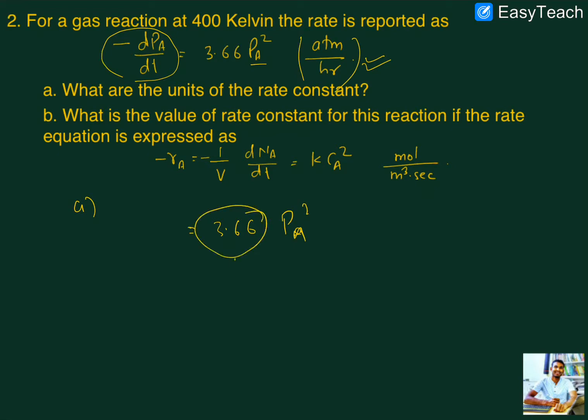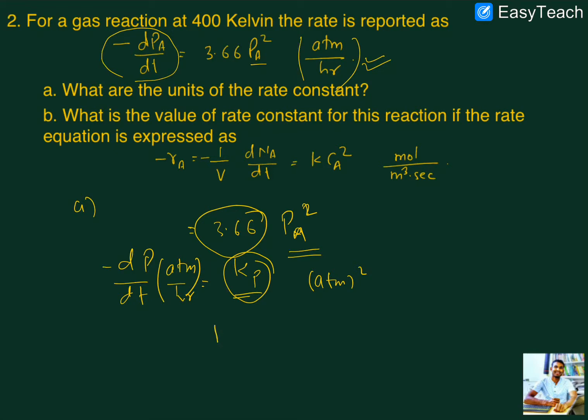So this is the rate constant, say kP, and to find its units, suppose this is the pressure, so obviously the unit of pressure is atm, so here it will become atm squared. What should the unit of kP be such that this side becomes atm per hour?